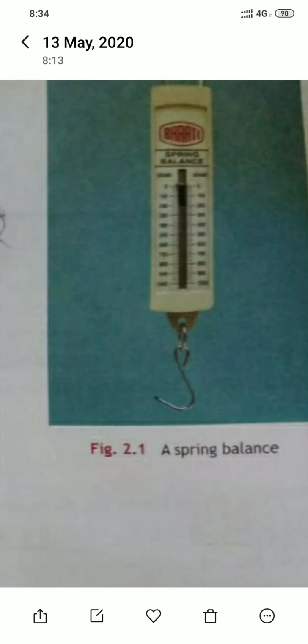So as you suspend any object with this hook, the spring will come down and will rest at a particular point.